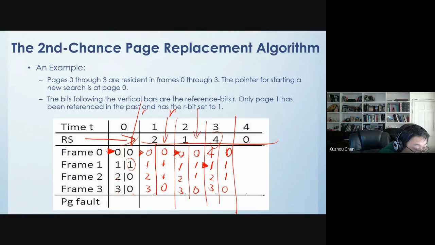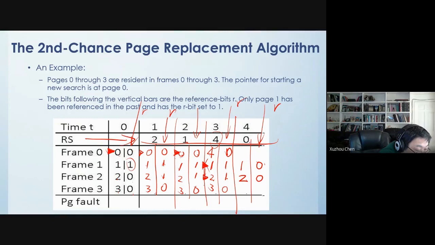So what I'm going to do is, okay, page 1 stays. But I'm going to change the reference bit to 0, and then move the arrow to the next one. Page 2's reference bit is 1, so page 2 stays, but I'm going to change its reference bit to 0.